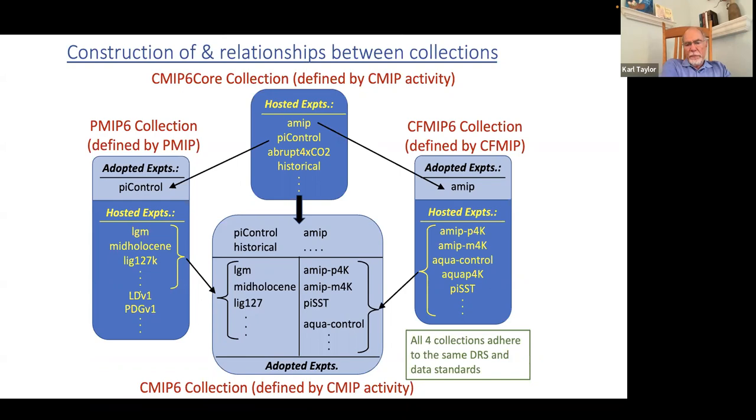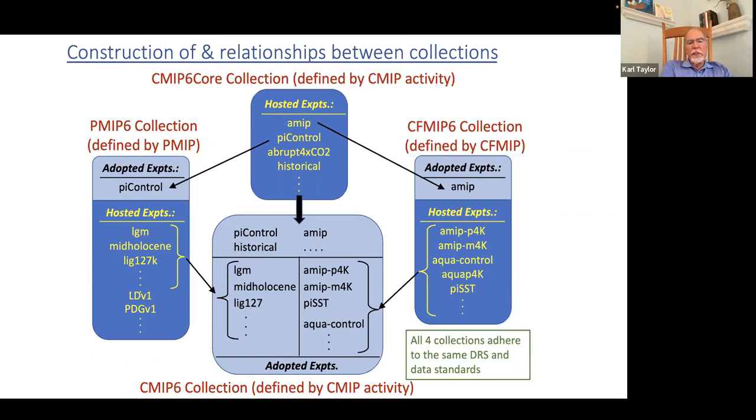But importantly, if you look again at the PMIP example on the left, PMIP also authorized certain experiments that weren't formally approved by the CMIP panel, but were ancillary to the main CMIP experiments. I listed those at the bottom there.